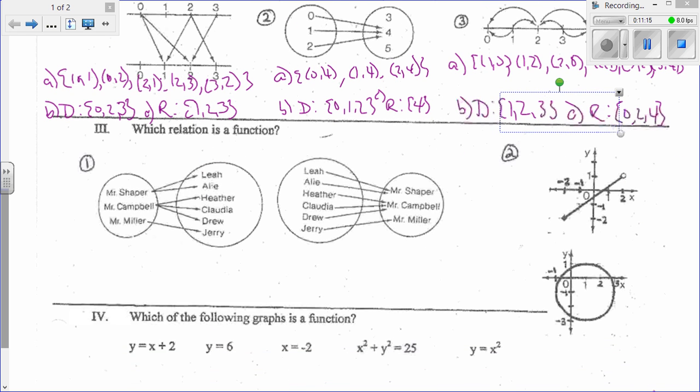For number 3, which relation is a function? Remember, this is always x, this is always y. In a function, x cannot be repeated. Okay? So looking at this, do my x values ever repeat?